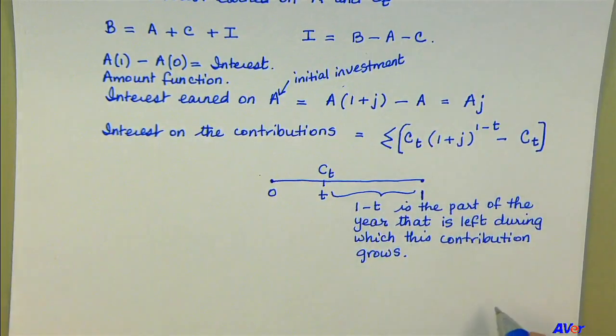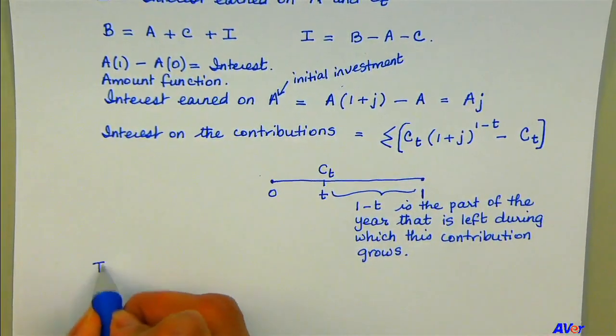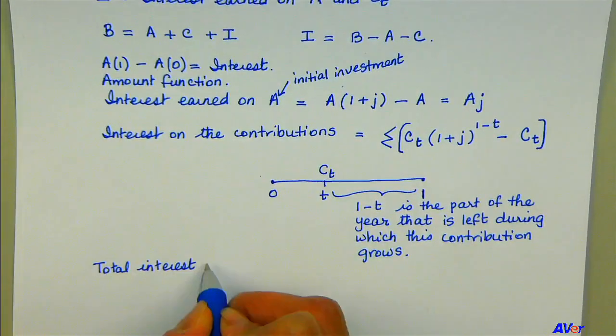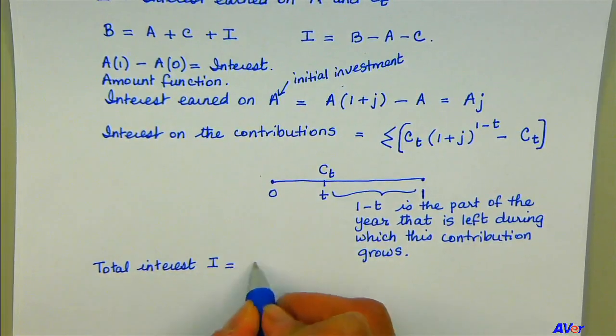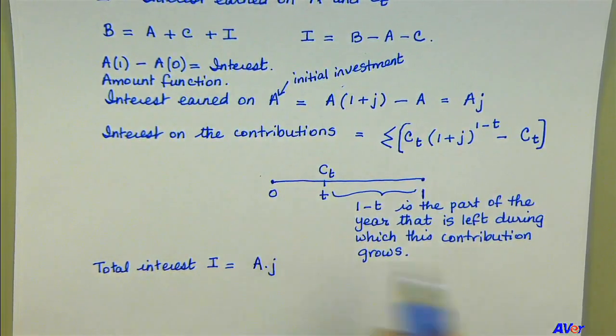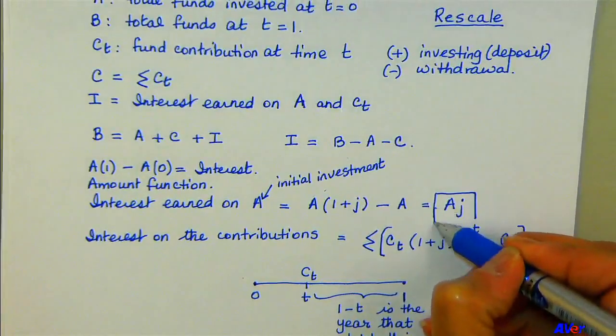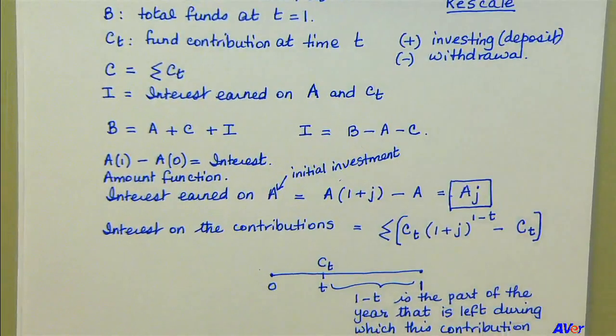Okay. So the total interest I is equal to A times j from here plus summation C_t times ((1 plus j) to the 1 minus t, minus 1). Let's pull out this C_t like this.